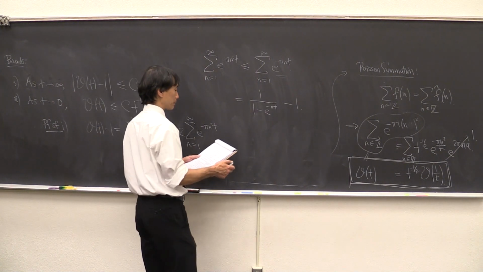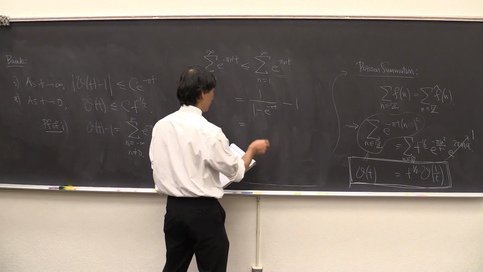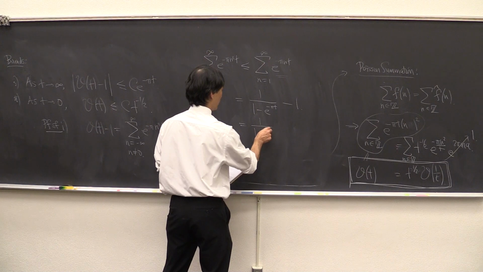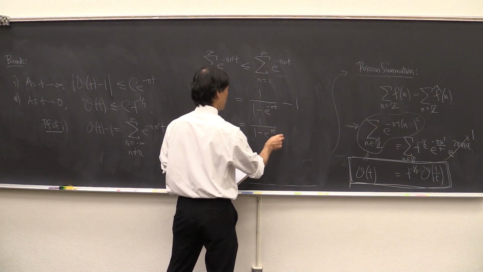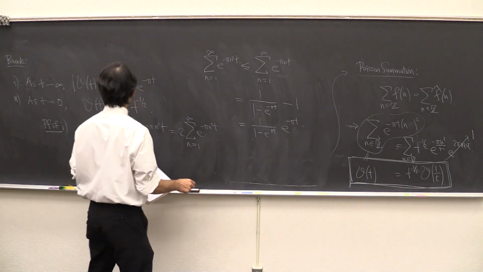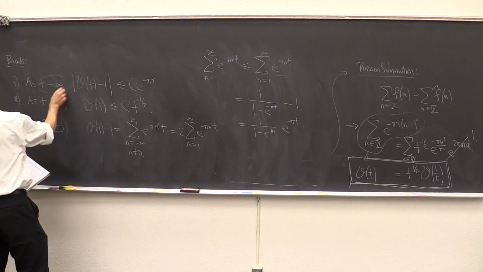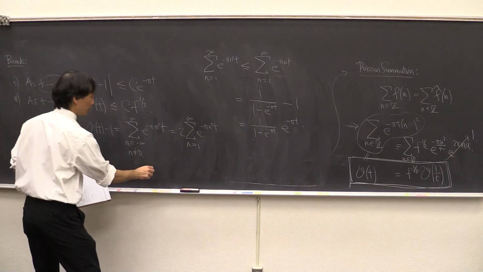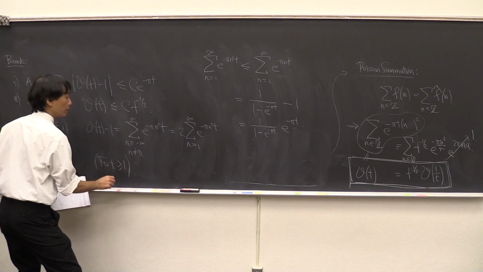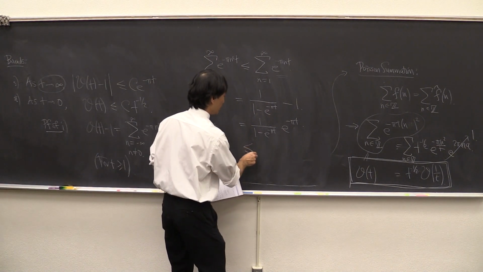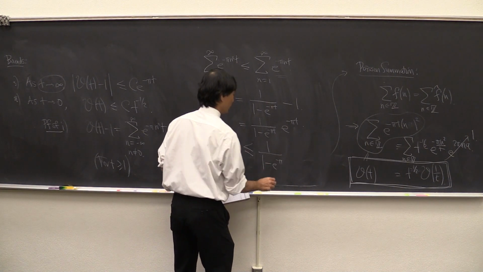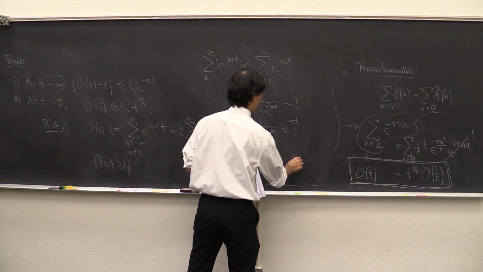If you work that out, that's 1 over 1 minus e to the negative pi t times e to the negative pi t. And t is going to infinity, so we just assume that t is bigger than 1, then this is bounded above by 1 over 1 minus e to the negative pi.